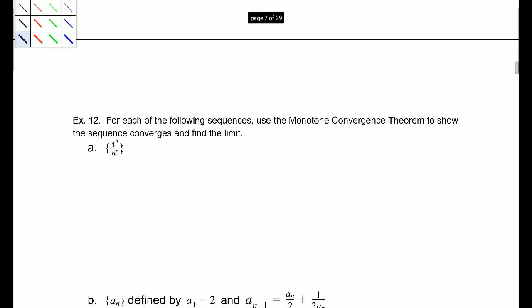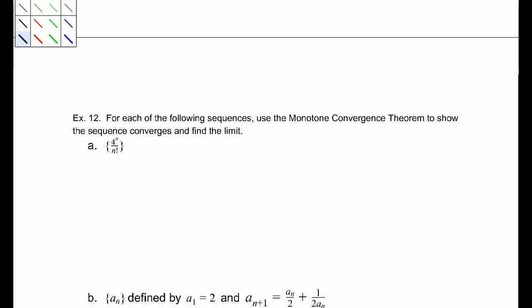Now this comes in helpful with something like a_n equals 4^n over n factorial. First, a_n is greater than or equal to 0. It's always positive. There's no way you can get a negative number out of that. So it is bounded below.